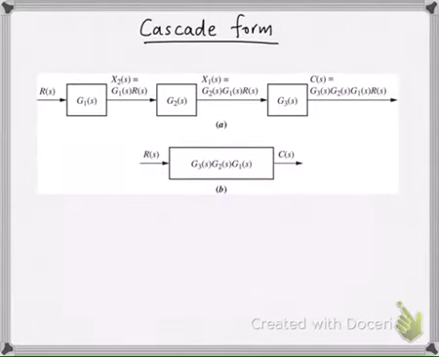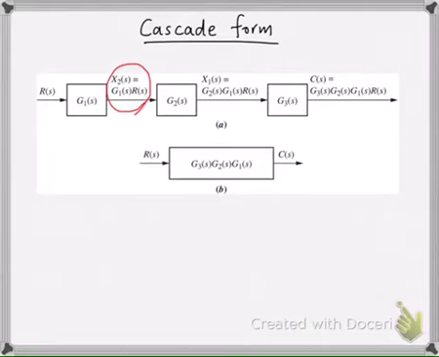Next, I'm going to talk about the cascade form of interconnecting multiple systems. For example, if you have the first system G1, the input to it is R, then the output of the first system, you can call it X2, is really G1 multiplied by R. Then if X2 is the input to another system G2, we call G1 and G2 connected in series, or cascaded.